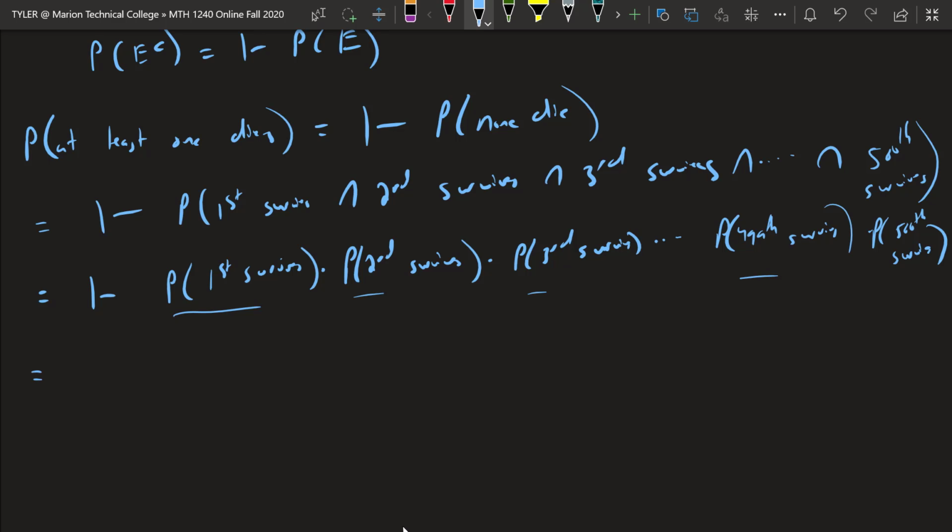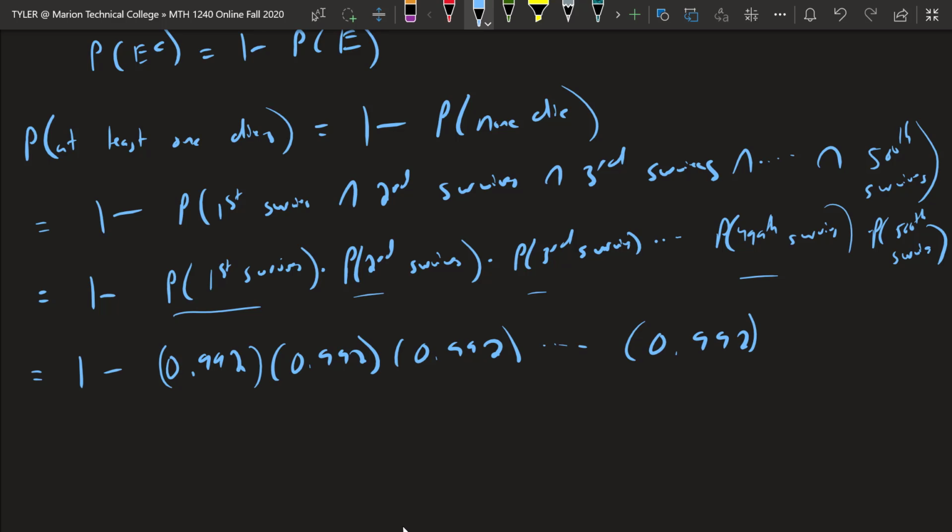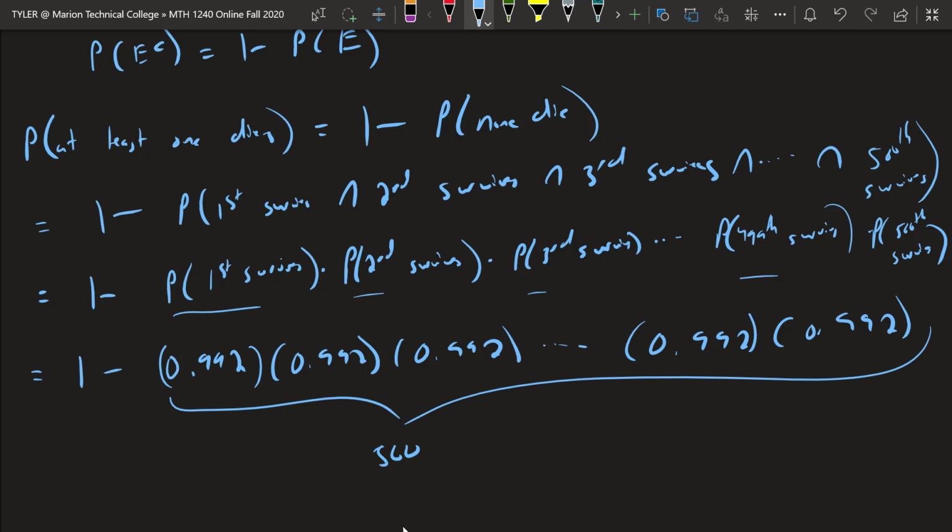So this would be 1 minus 0.992 times 0.992 times 0.992 dot dot dot times 0.992, where I'm going to have 500 factors of this, because I have 500 spaces for 500 people surviving.